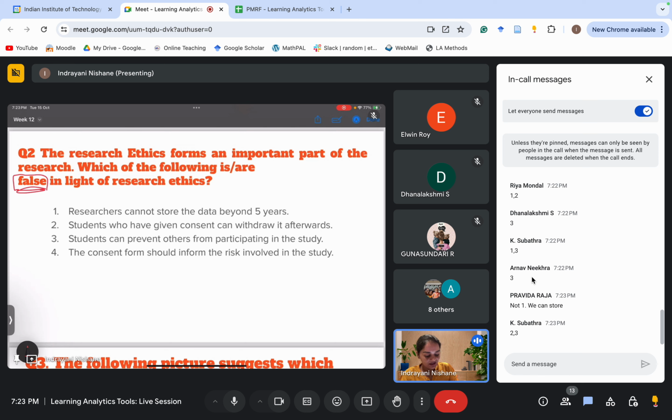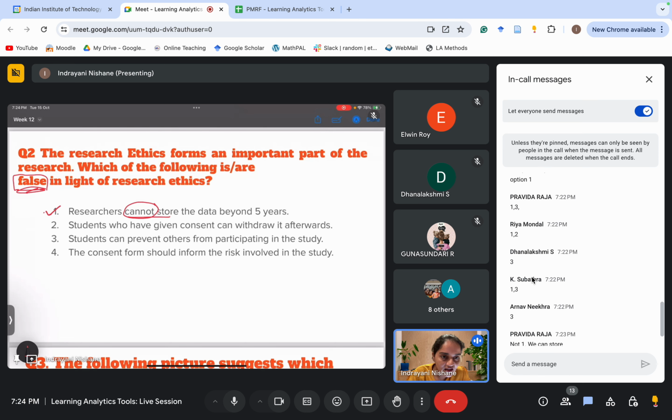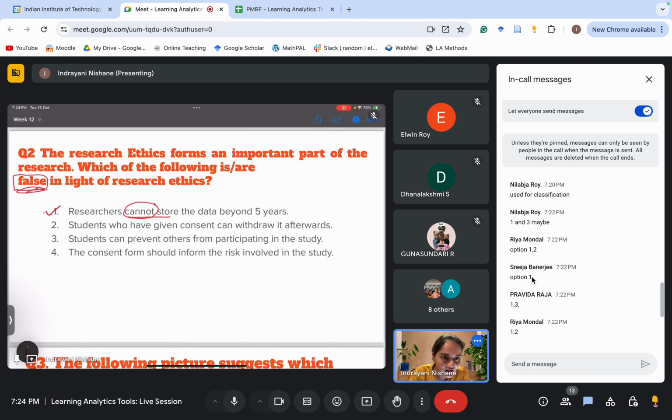Okay, fine, great. So you're right. We cannot store is not right. We can store data for more than 5 years also. So false means not true, so this statement is correct. Now coming to 2, I see a lot of you think that 2 is the correct answer. Why do you think 2 is the correct answer?